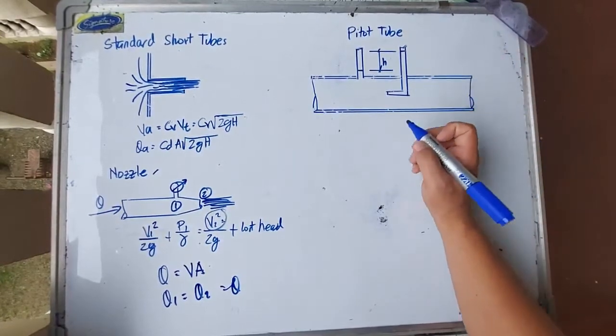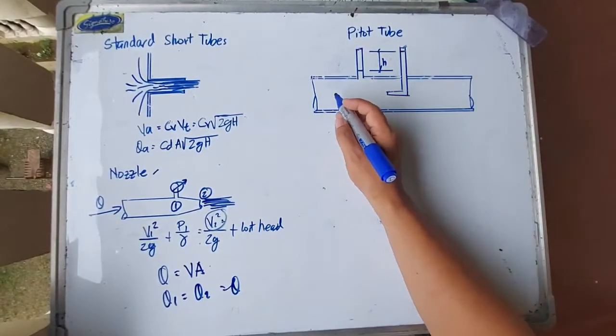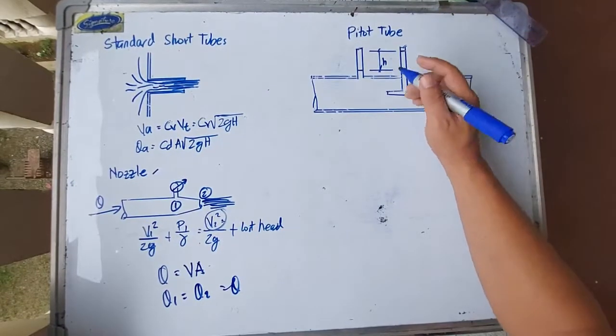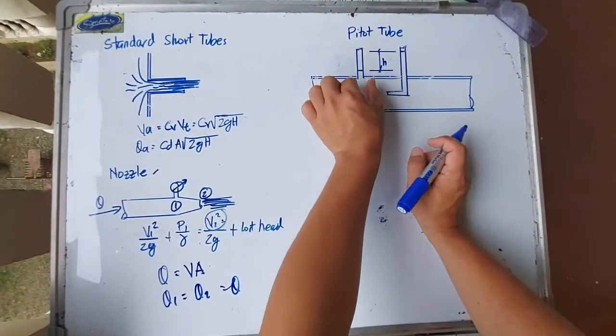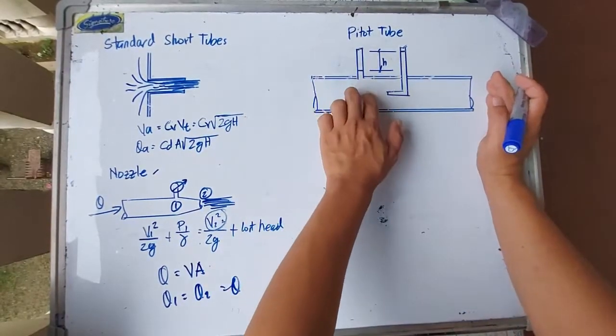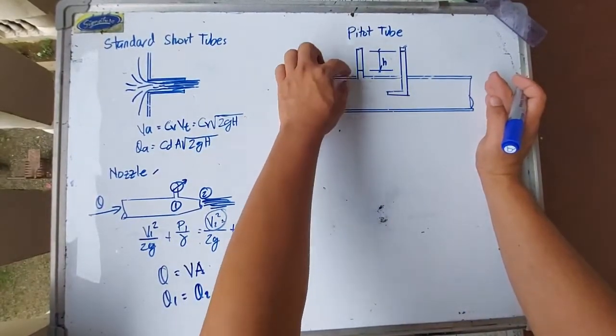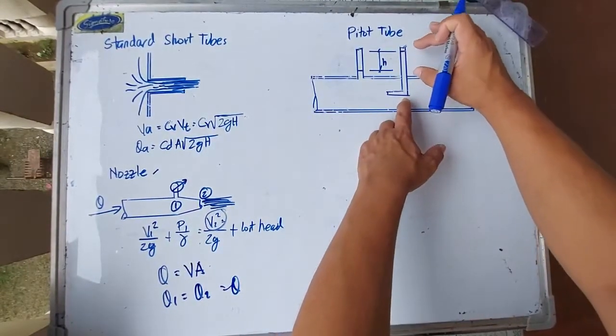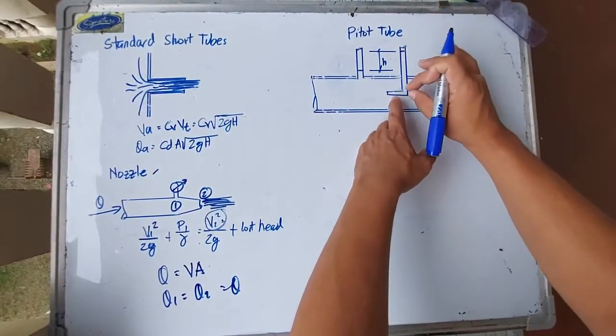we can solve for the velocity here. For the increase in height, for example, we place a piezometer here on the pipe. This is a portion of a pipe. We placed a piezometer, and this is the pressure head. And then we have the Pitot tube located at this point.